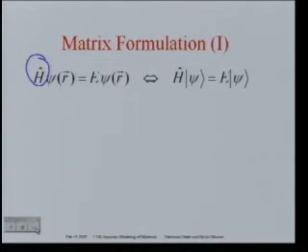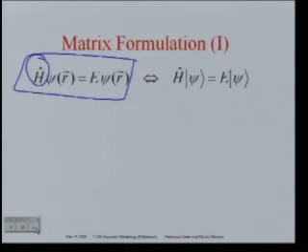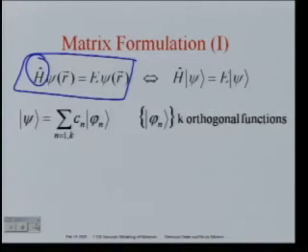So this is the Schrödinger equation in shorthand form, and we can even be more compact and write it in the Dirac bracket formulation on the right side as H psi equal to epsilon psi. So this is our Schrödinger equation, and now this is the fundamental step.